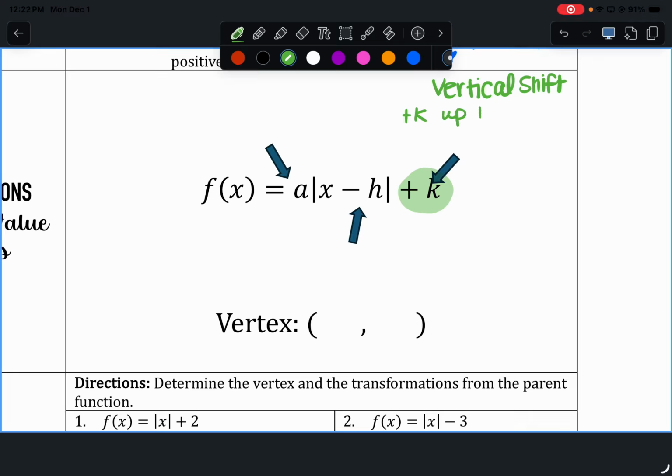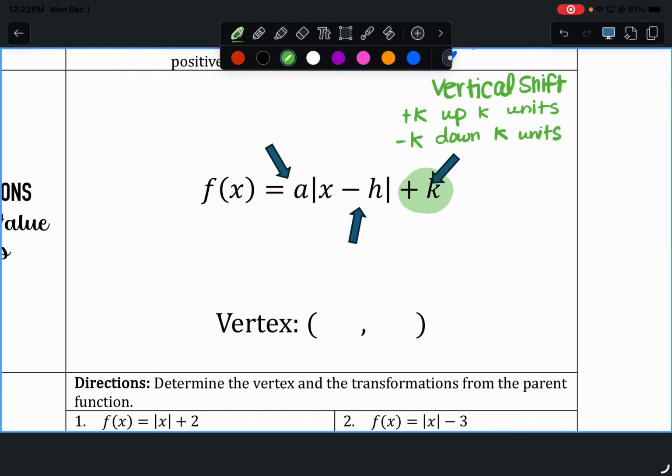It goes up k units. Okay, what about negative k? It will go down k units. We say that because when we answer it, if it was 5, we want to say it goes down 5 or it goes up 5. We want to make sure we're specifying how it's changing.